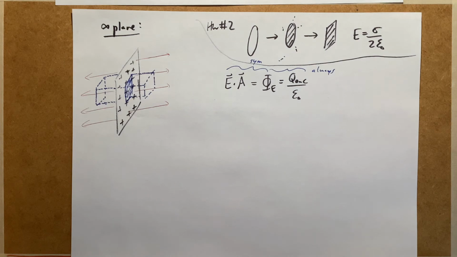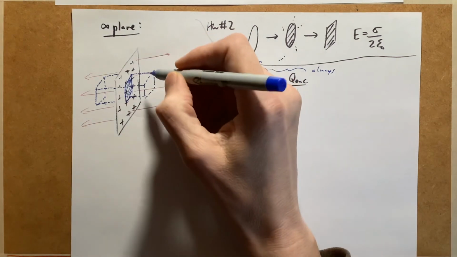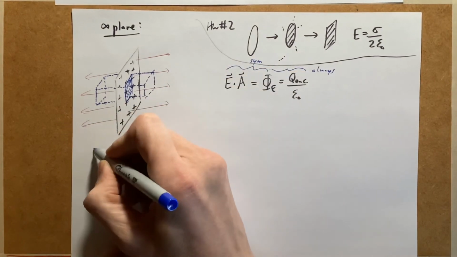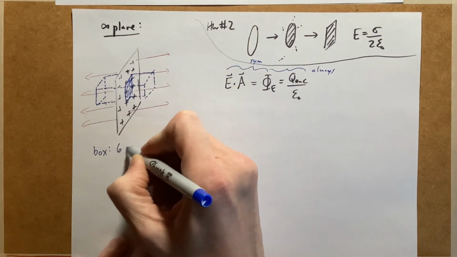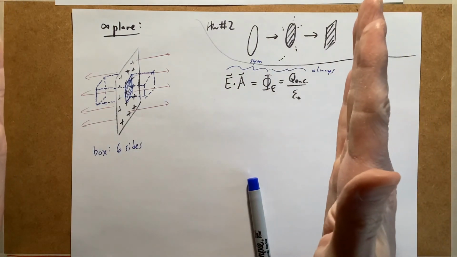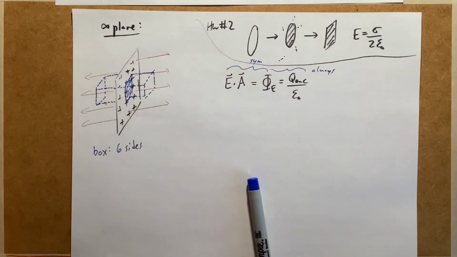Now why did I choose that shape? I chose that shape specifically because it makes my flux calculation easy. Of course my box has 6 sides: the 2 end caps, and then 1, 2, 3, 4 sides.